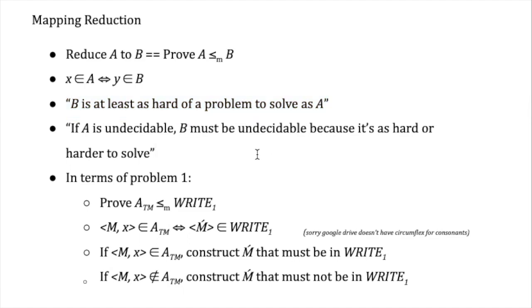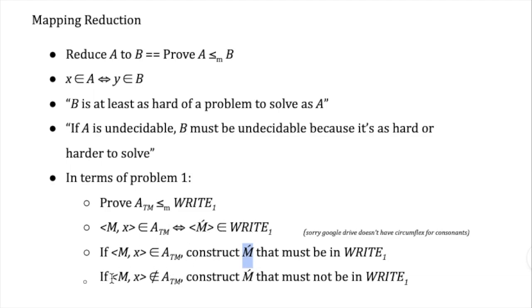So in terms of problem 1, which Aditi will go over in a second, the initial language is ATM, which we know is undecidable, and we're proving that Write1 is undecidable as well. So we're going to define a mapping function that takes in inputs, and if the input is an element of ATM, then we must output a machine that's in Write1.